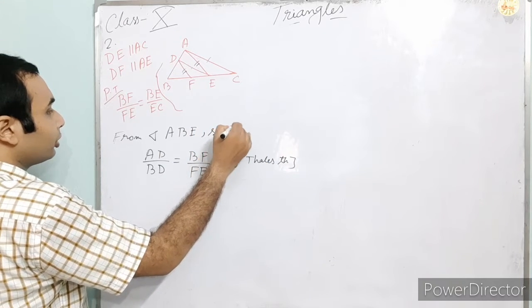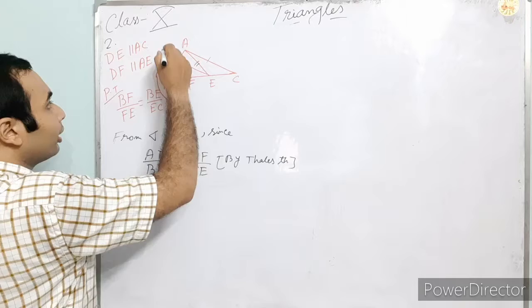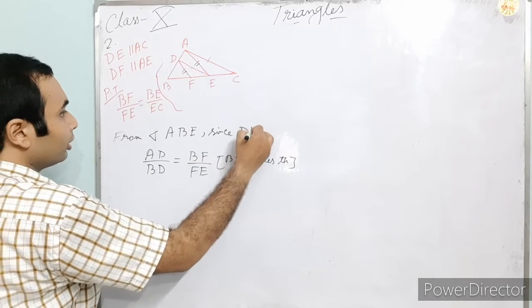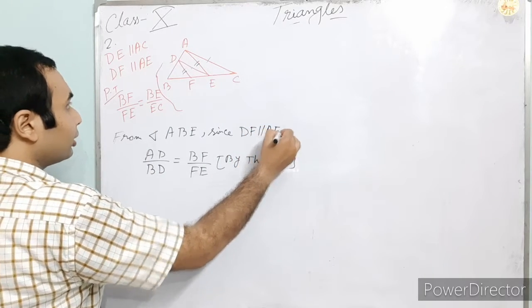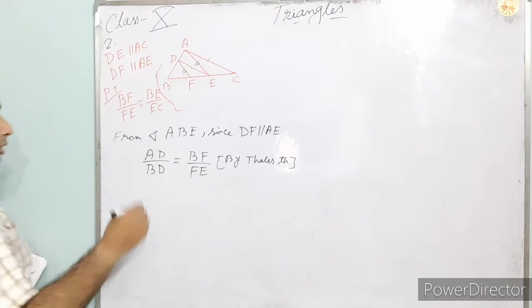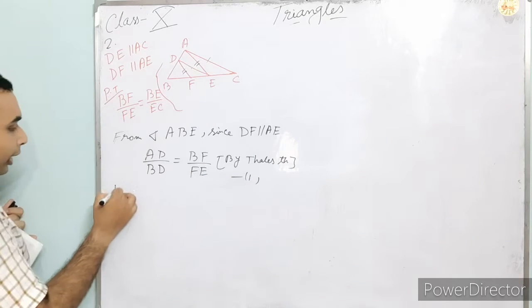Since, actually I have not written, here DF is parallel to AE, that's why we can apply this result. Okay, number 1.